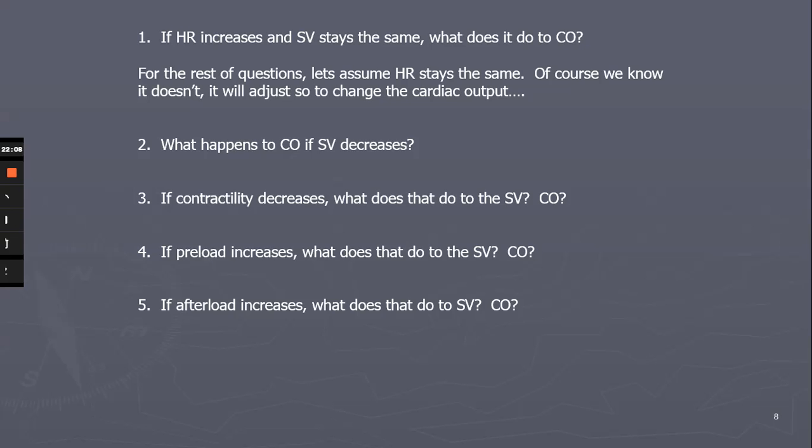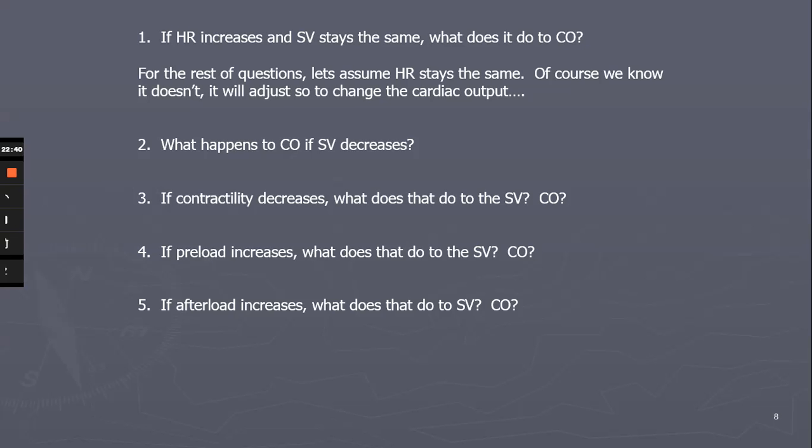Very good. Now for the rest of these questions, let's assume that the heart rate stays the same in the body. Of course, we know it doesn't work that way. Our body will adjust the heart rate when factors affect the stroke volume, because our bodies try to even out that cardiac output.